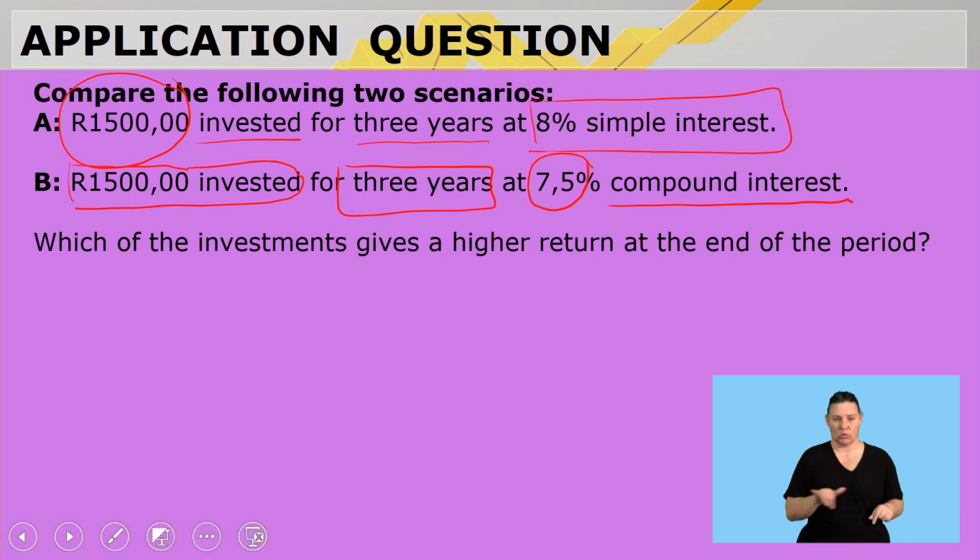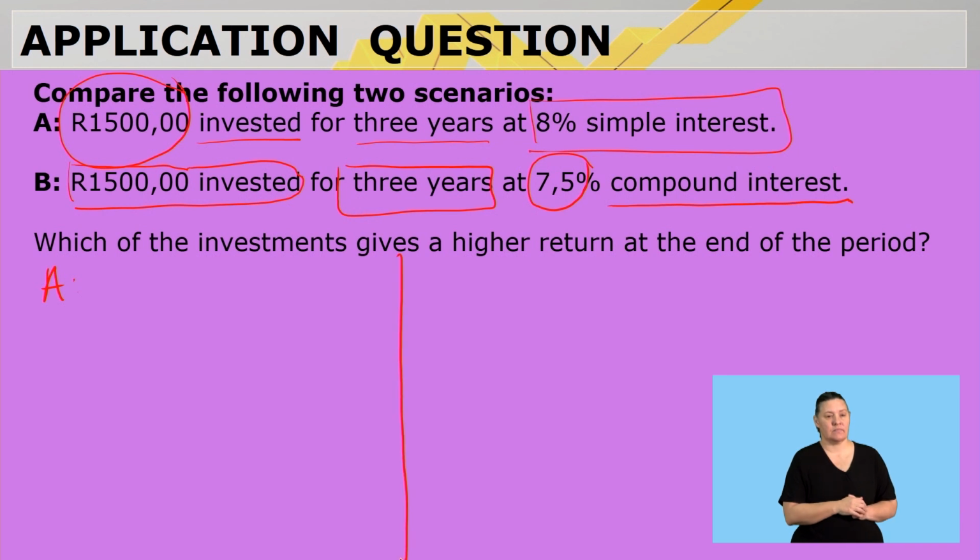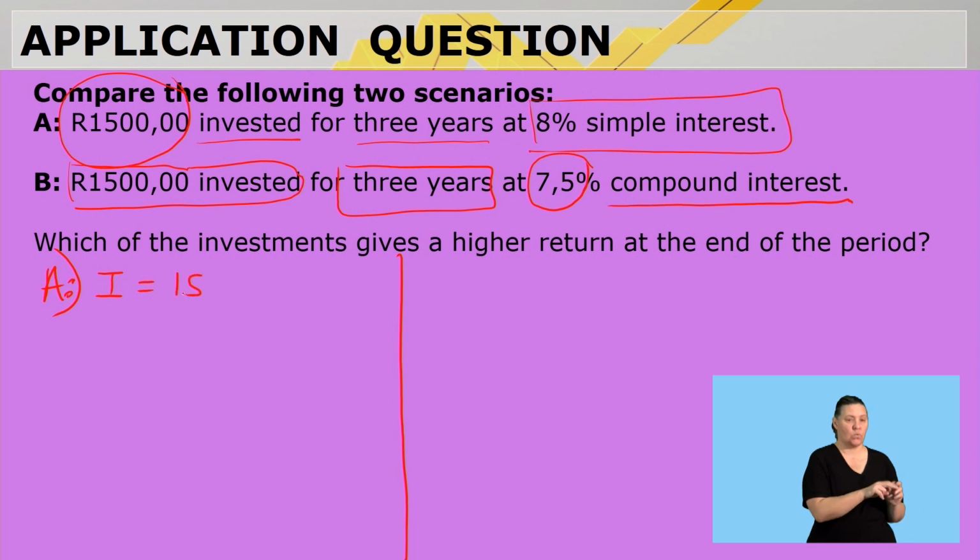Let's quickly check there. So now, when we look at option A, it's interest rate for 1 year. So option A is going to be my interest value is going to be 1,500 times 8%.